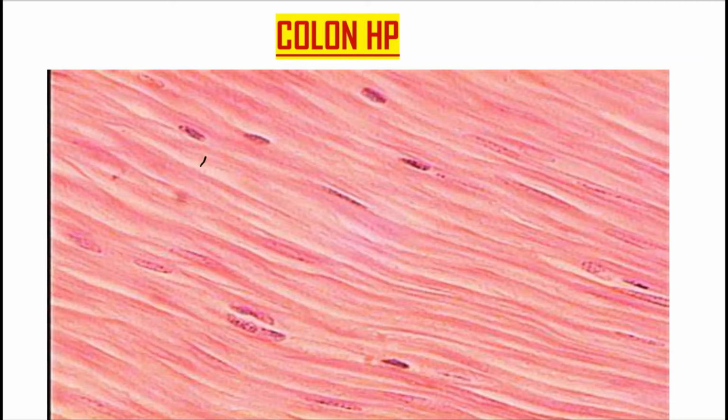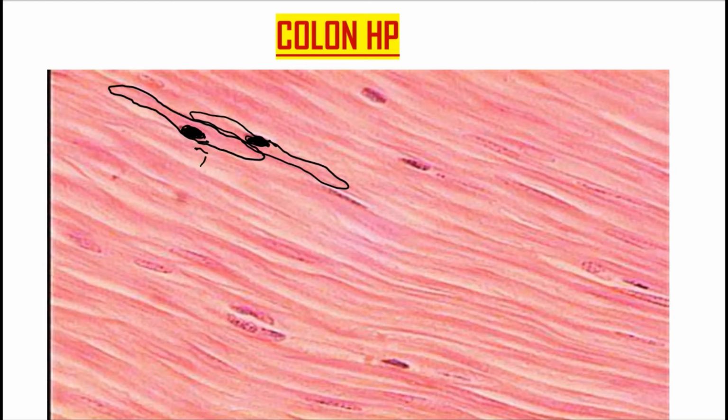So this is the smooth muscle fiber. It is fusiform shaped, and this is the nucleus. The nucleus is at the center of the cell, and it is sausage shaped. There's another one here, and it has a nucleus here.